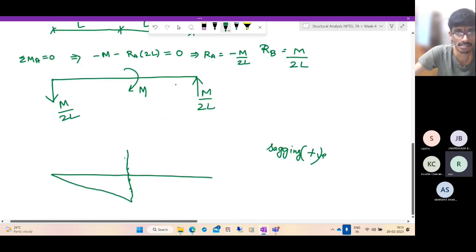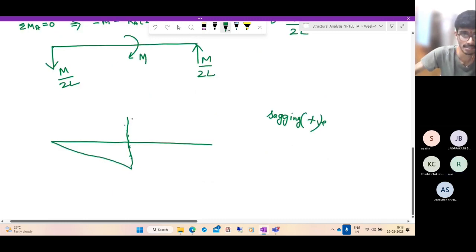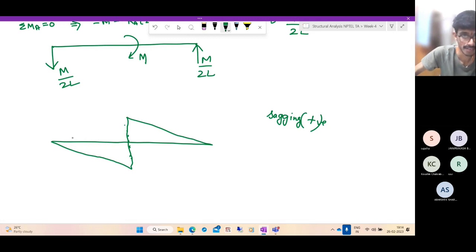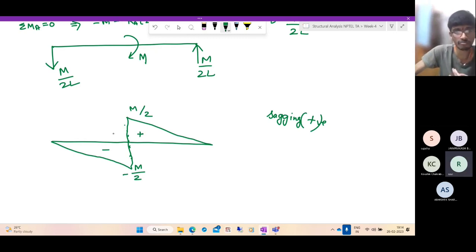So it's an upward reaction, M by 2L acting at L. So it will be something like this. Okay, simple. So this is minus, this is plus, this is minus M by 2L into L, so M by 2, M by 2. There's a jump of M, and that is what is given by this concentrated moment M. So everything is consistent. Now what is the next step?